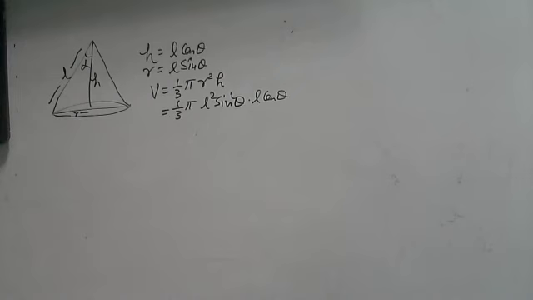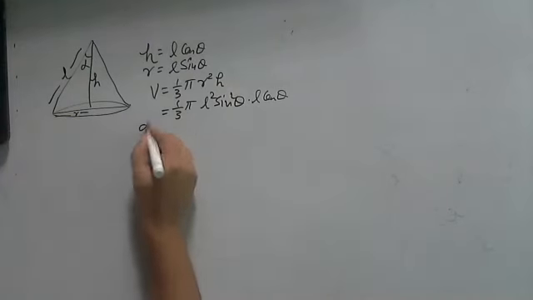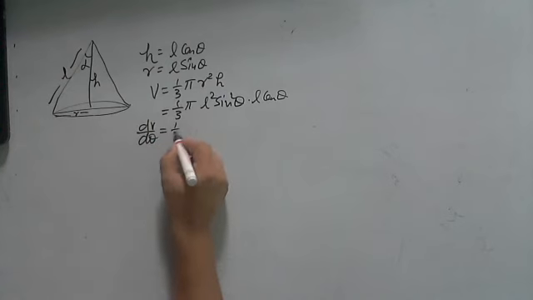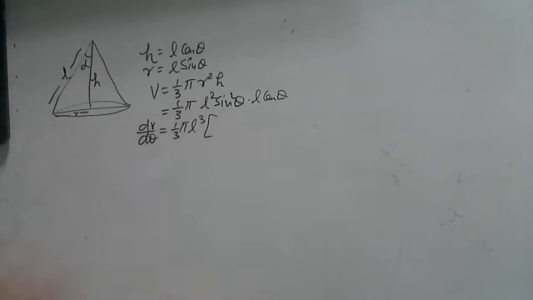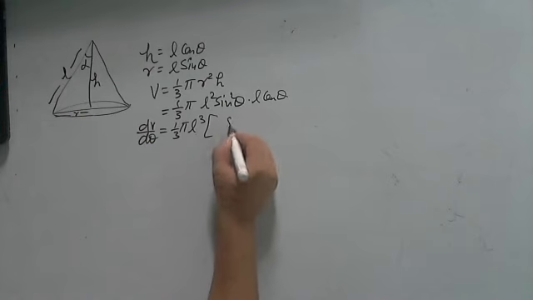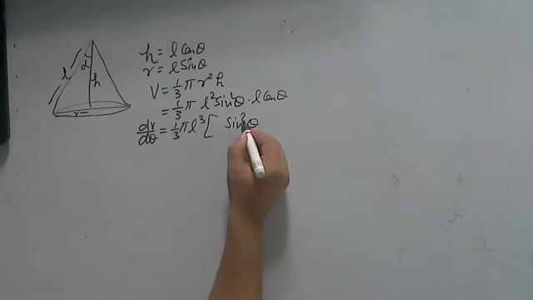Now we have got the expression, and let us differentiate it with respect to theta. dV by d theta is 1 upon 3 pi L cube. Now let us differentiate it. Keep sin square theta as it is and take the derivative of cos theta, which is minus sin theta.